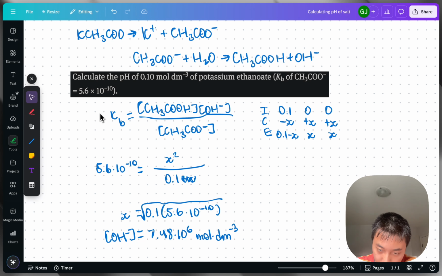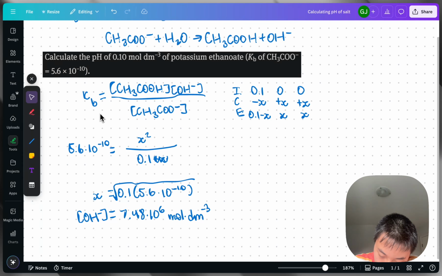And we want the pH, so pH equals negative log, and that would be 10 to the negative 14, because it's negative log of the hydrogen ions.